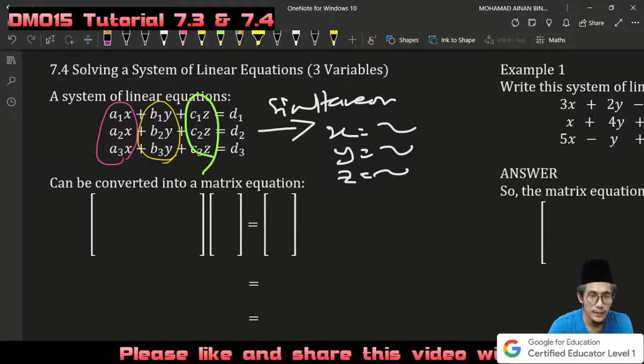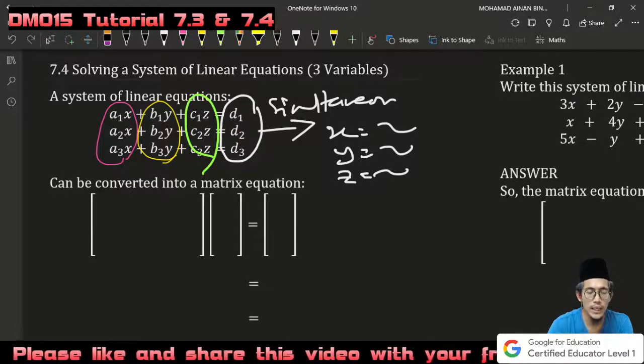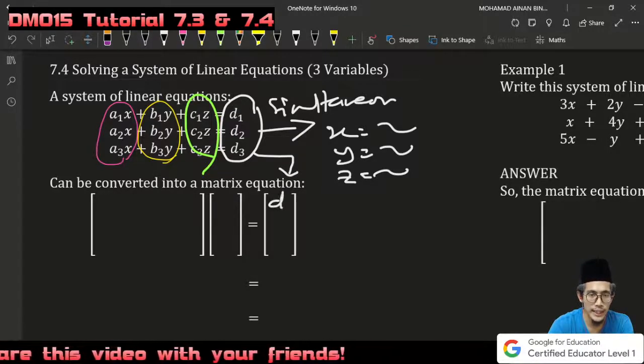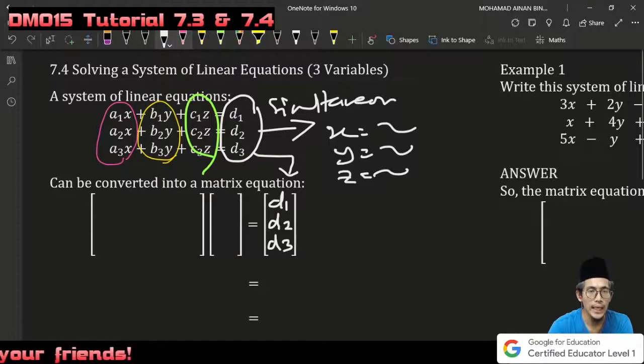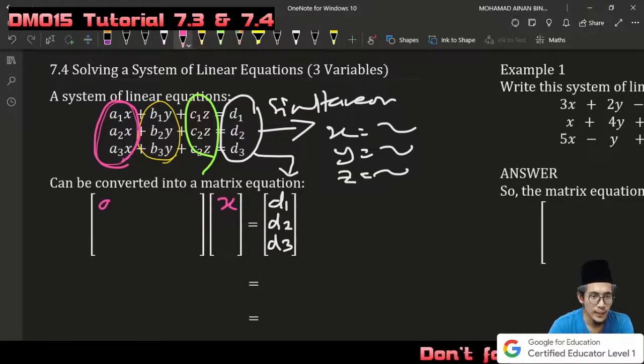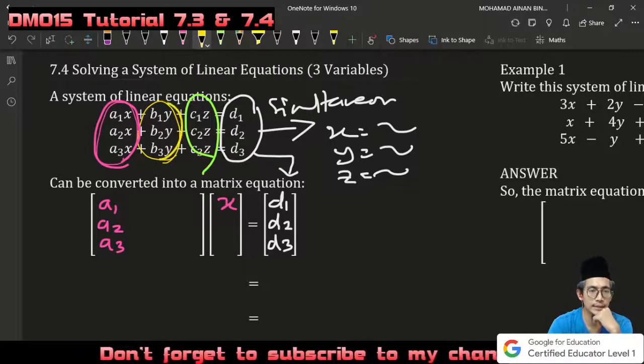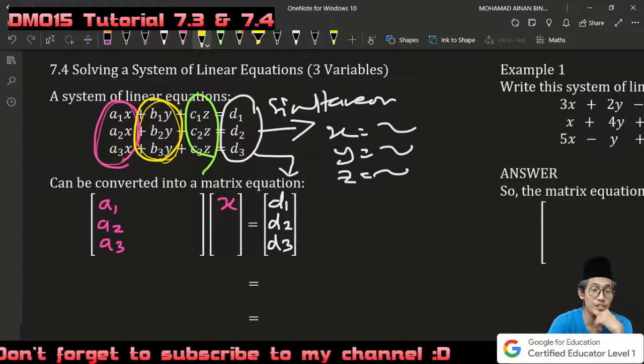Okay, first, you can move out, put the constant over here kat sini. So, ini adalah D1, D2, D3. Okay. And then, we have the x's over here, right? So, x dekat sini, A1, A2, A3. Senang je. Okay, next, the yellow one. Yellow one is the coefficient of y.